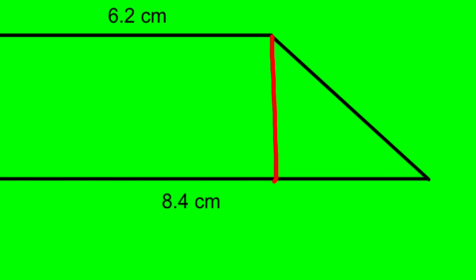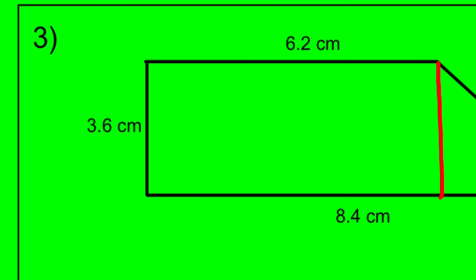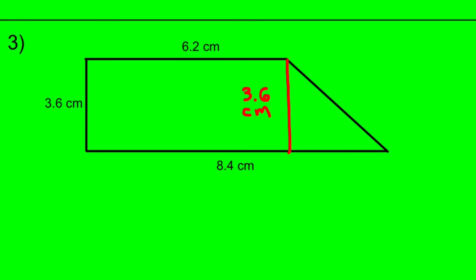Now, since this distance over here is 3.6 centimeters, that means this distance will have to be 3.6 centimeters. Now, this entire distance is 8.4 centimeters. This distance is 6.2 centimeters. So if we take this entire thing and subtract away this, we're going to get this distance for the triangle.